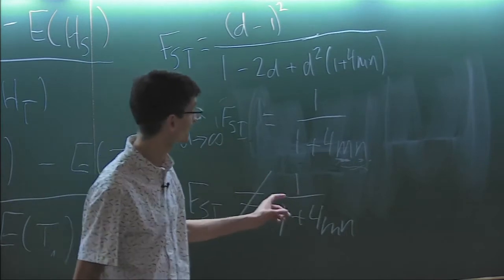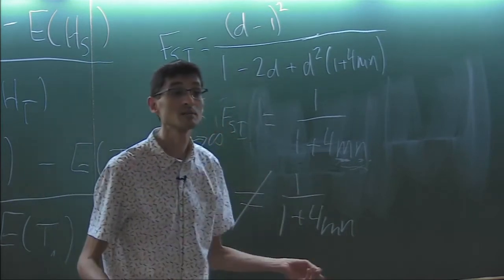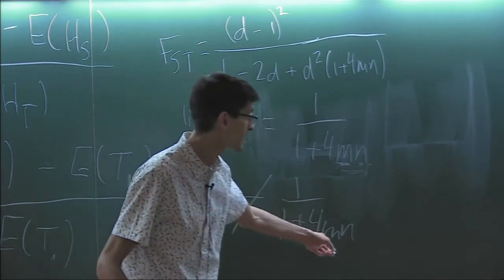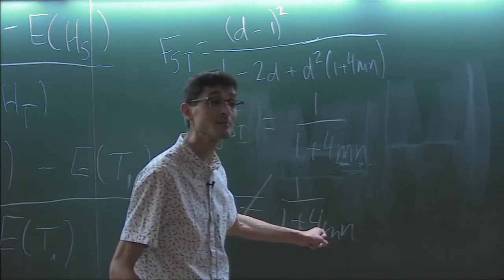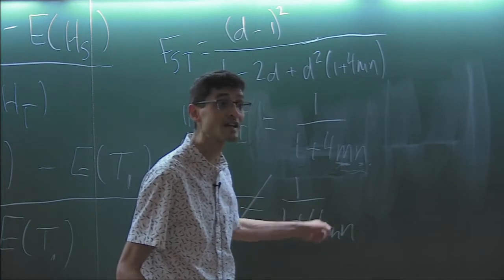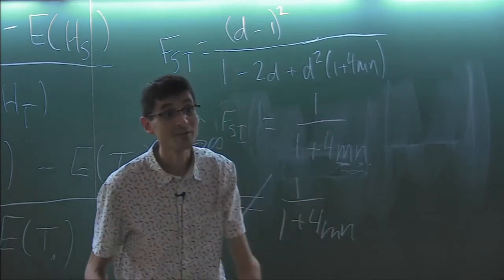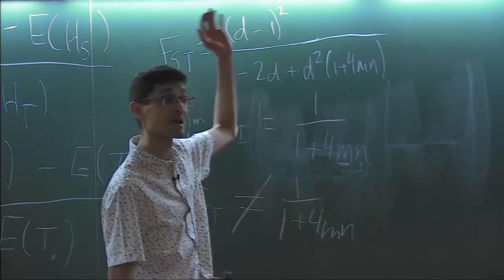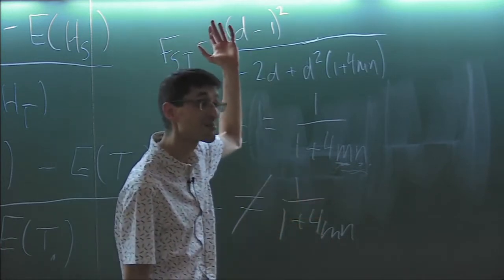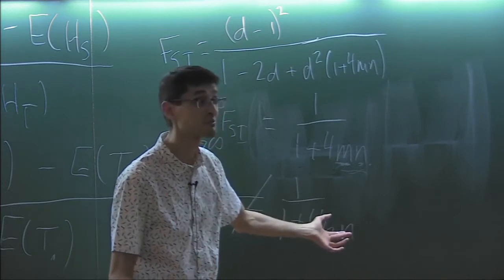One last thing, again, in looking at this, this should make some intuitive sense, right? That as m gets large, FST goes down, right? Which means we haven't made a huge, massive mistake in our math somewhere, because that makes sense, right?